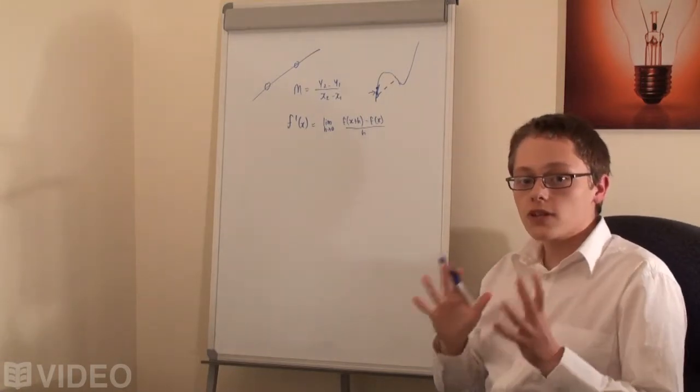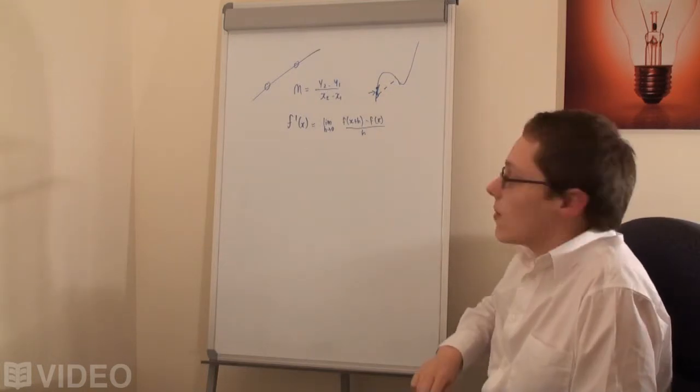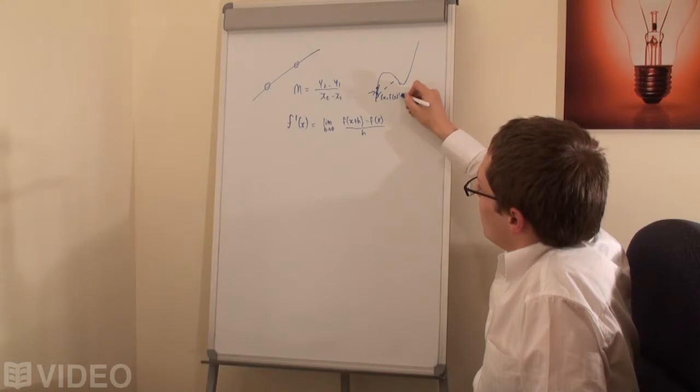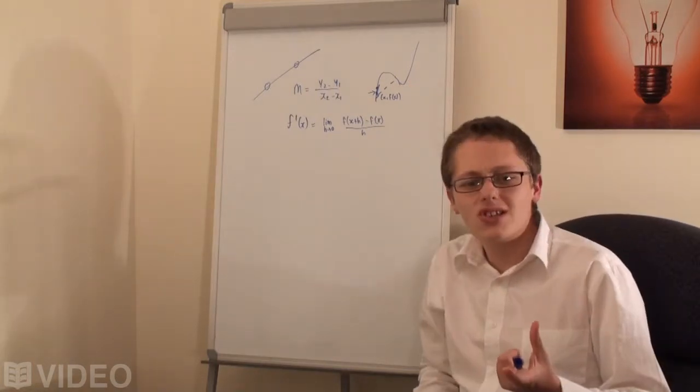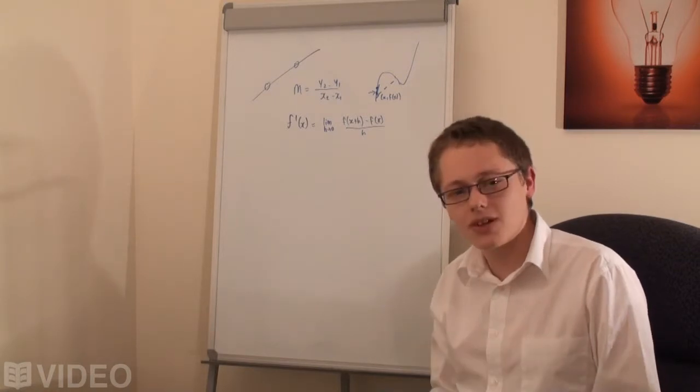So, what we're simply doing is we're looking at these 2 points, and one of the points is going to be x, f of x. F of x is just like having y. It's just like having a point x, y. It's as simple as that.